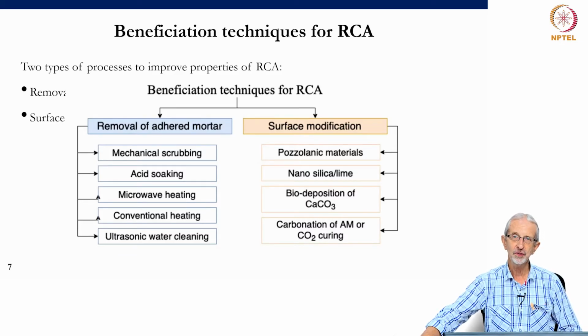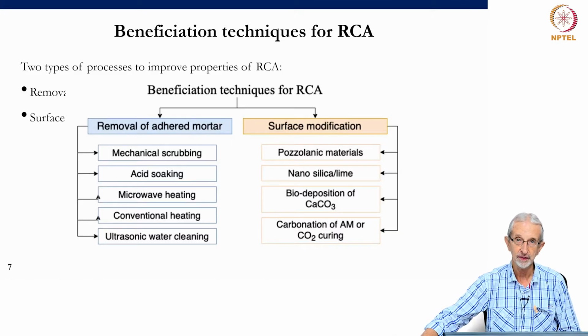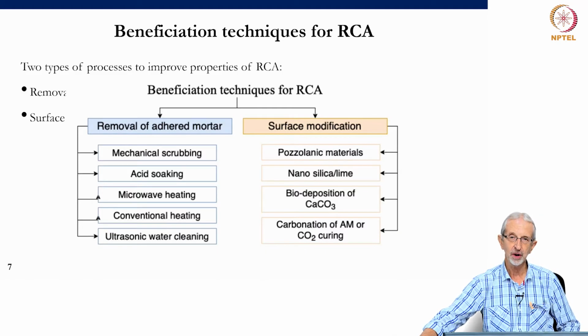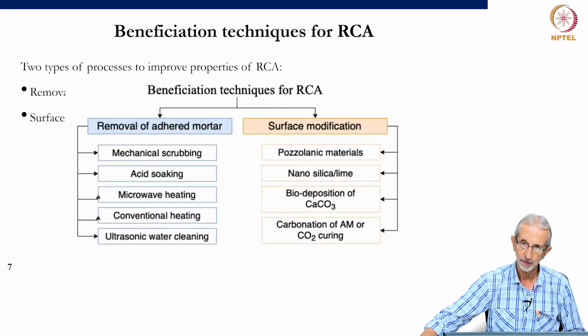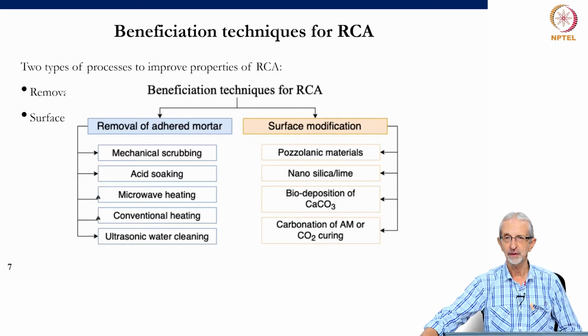On the other hand, the surface modification route does things like trying to see if we can modify the surface or the internal system by pozzolanic materials, SCMs and so on, the addition of nanosilica or lime, biodeposition of calcium carbonate through that sort of a process, and then carbonation of the adhered mortar or CO2 curing, which transforms particularly the fine material into a carbonate and a reactive silica. A very interesting process.